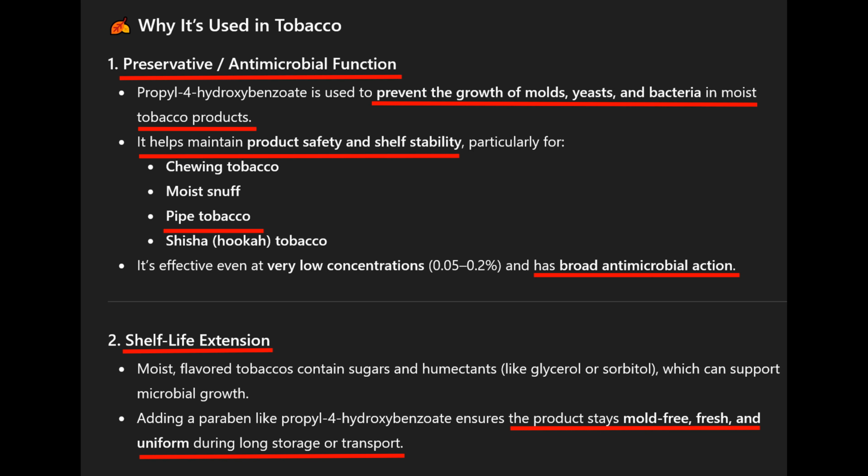It helps maintain product safety and shelf stability, particularly for pipe tobacco, among others, and has broad antimicrobial action. Shelf life extension: the product stays mold free, fresh and uniform during long storage or transport.